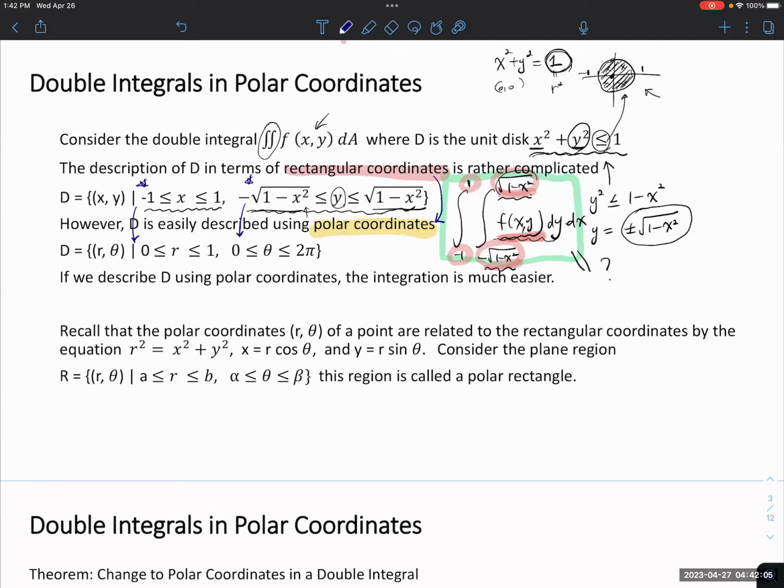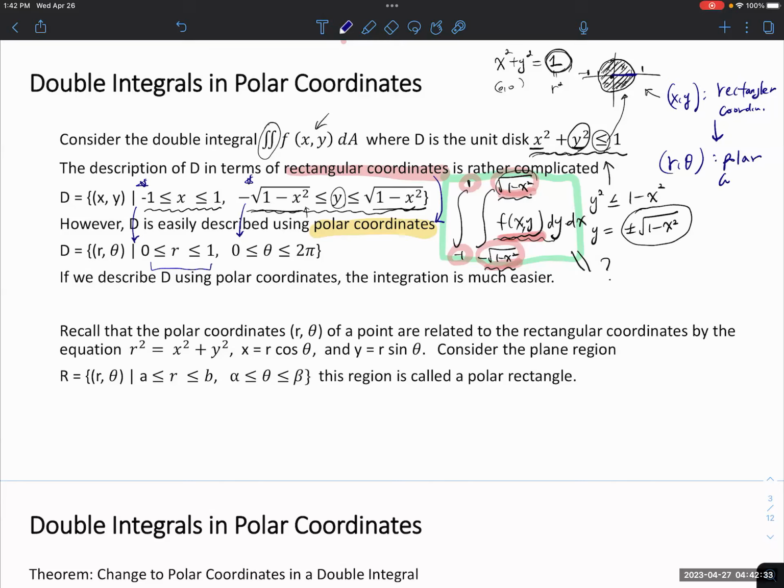Because look at that, now we can consider the radius of the circle. So the radius is going to be between 0 and 1. And X comma Y is the rectangular coordinate, and if you point to the same position with radius and theta, we call this a polar coordinate.